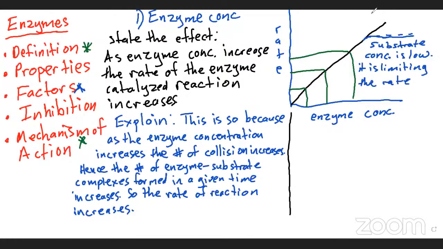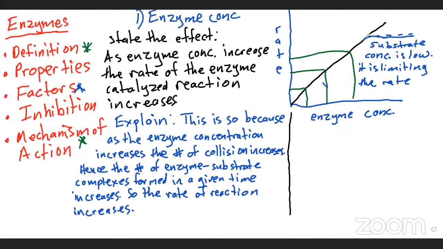So when this substrate concentration is high, as you increase the enzyme concentration, the rate will be going up. But if you see that the rate is getting constant, it means that the amount of substrate has decreased, so it is limiting how fast the reaction can actually occur. On a rate versus enzyme concentration graph, it is typically a straight line.